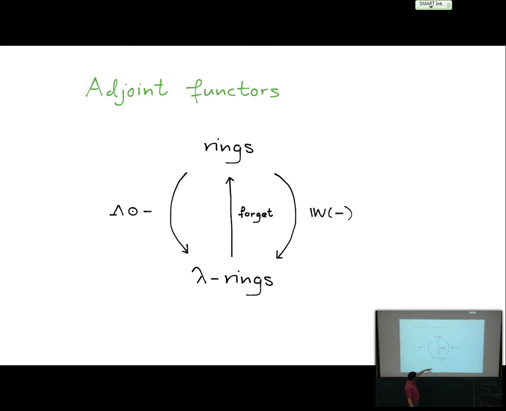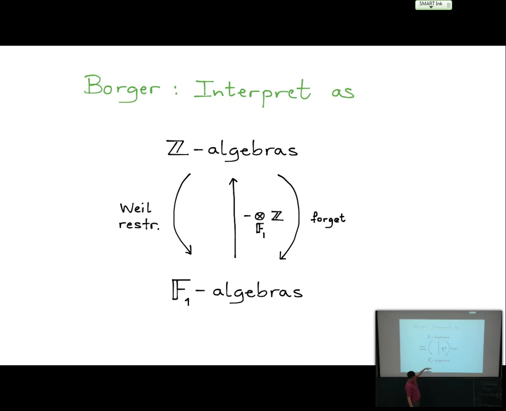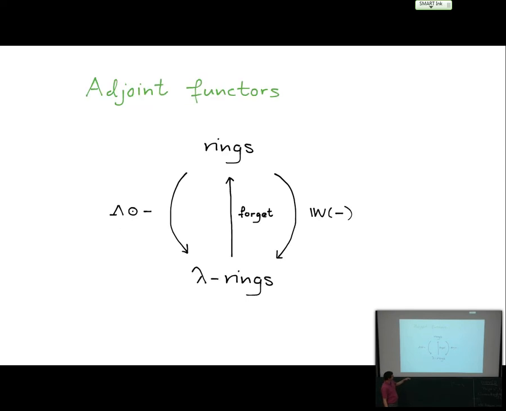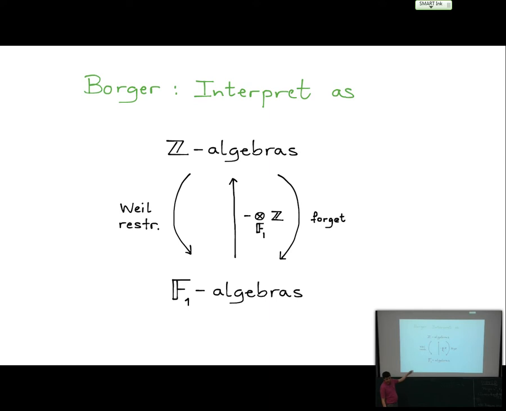We should think of the forgetful functor that forgets the descent data as extending scalars up from this deeper base to the integers. And we should think of the big Witt vector construction as being the forgetful functor that forgets that the ring is defined over Z and only remembers the underlying F1 algebra. And the free lambda ring we should think of as restriction.